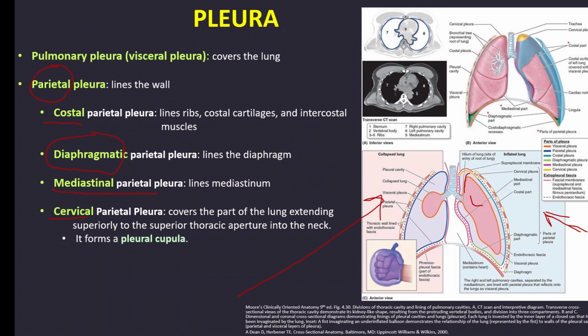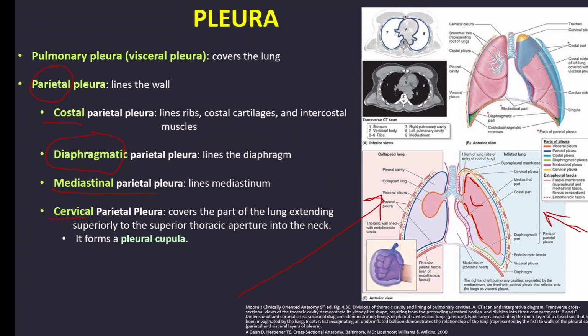That's beginning here, and I'm not going to continue the rest not to mess up the original picture. So look at this orange line and trace it. That part of the pleura that covers the lung, that's visceral pleura or pulmonary pleura.